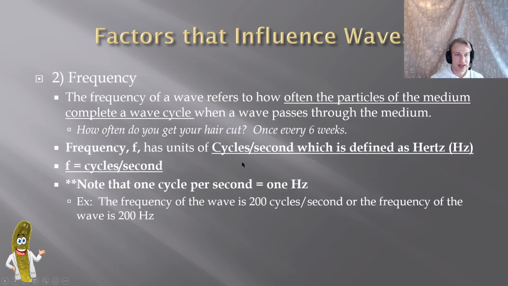So frequency, we get into that on this next slide. I wanted to compare it to period and have it on the last slide so you could see everything. 1 cycle per second is equal to 1 hertz.